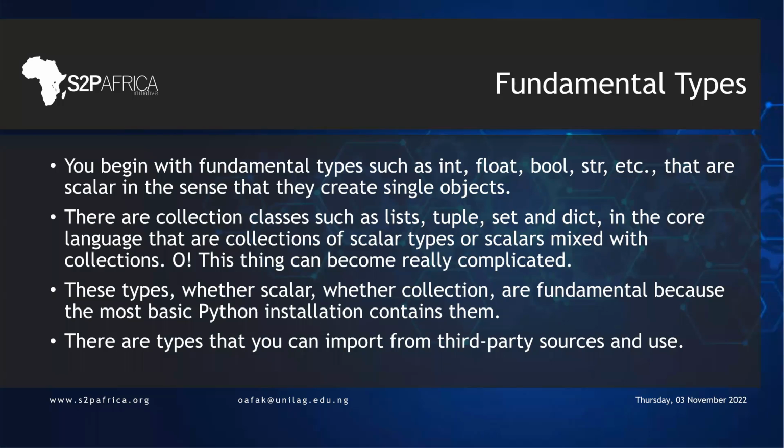Fundamental types. Some people did not understand what fundamental types are. Fundamental types can be scalar or a collection. You begin with fundamental types such as int, float, bool, string, and so on, that are scalar in the sense that they create a single data object. If you say int, you are creating just one number.